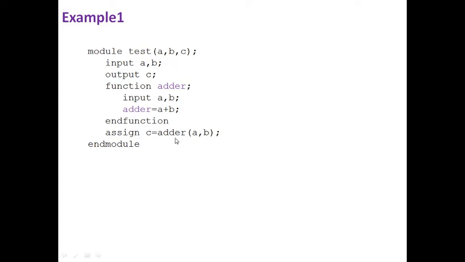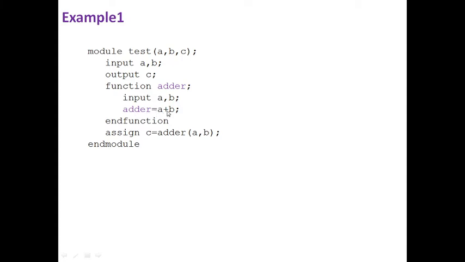So let me complete the definition of the function here. Function adder, inputs are a comma b, and whatever function name or function identifier I am using here, the same thing I will use in the function definition or function declaration.